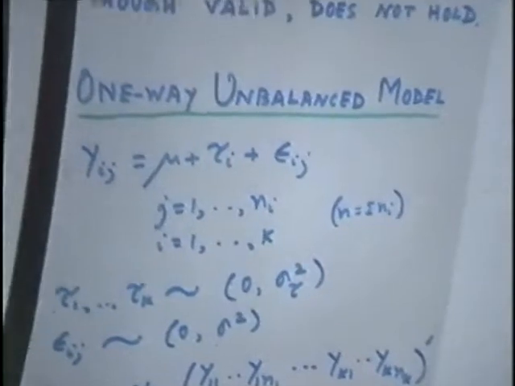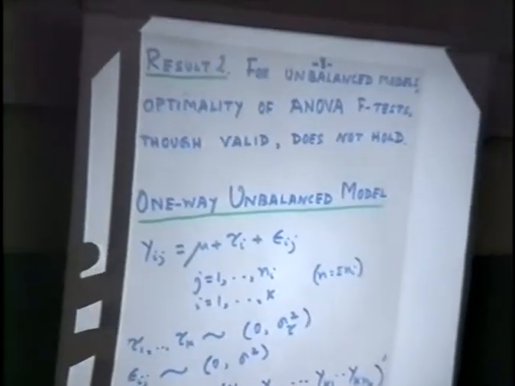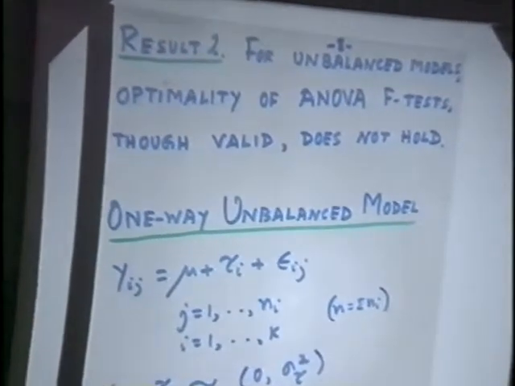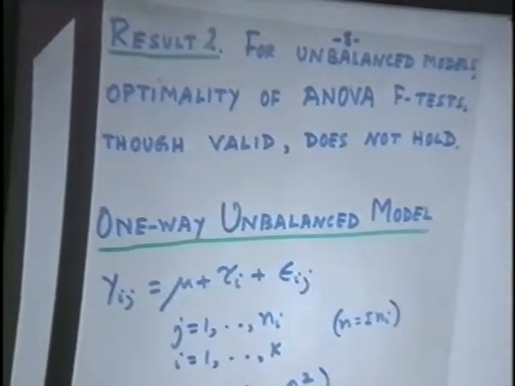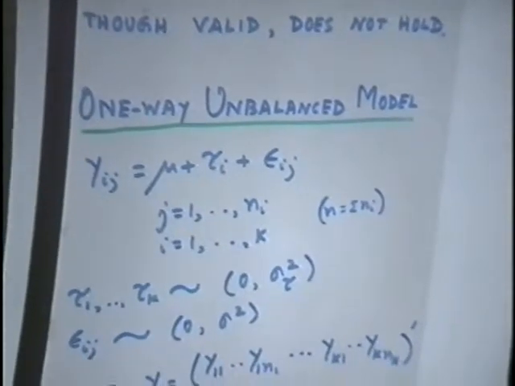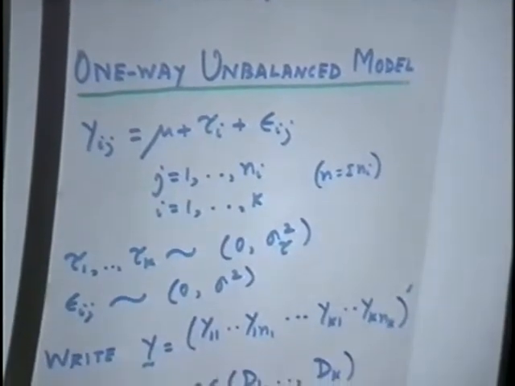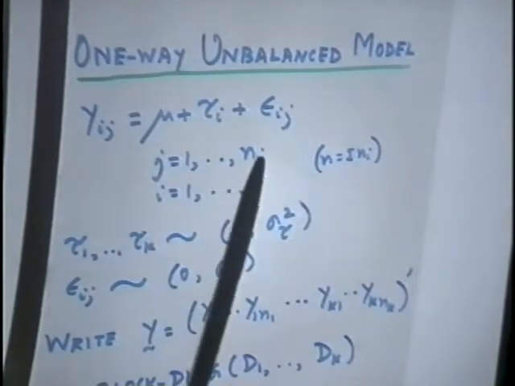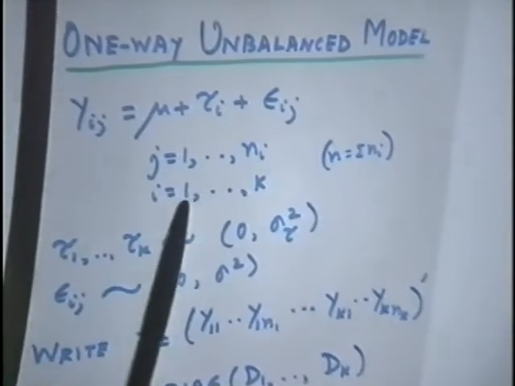Now, let's see what happens in the unbalanced situation. The second result is the following. It turns out that for unbalanced models, the optimality of the ANOVA F-test is no longer valid. What I have demonstrated here is what happens in the simplest unbalanced situation, namely the one-way unbalanced model. So we have the replications n_i corresponding to the ith treatment.